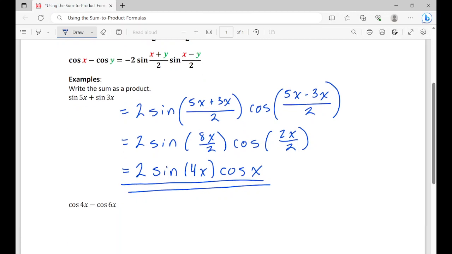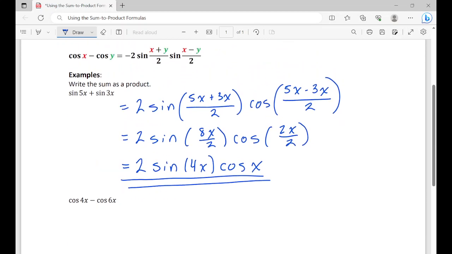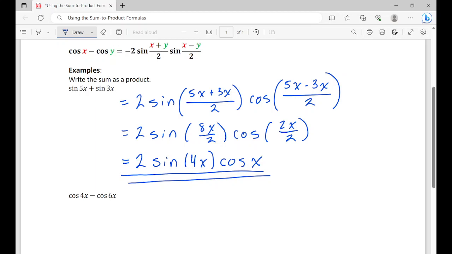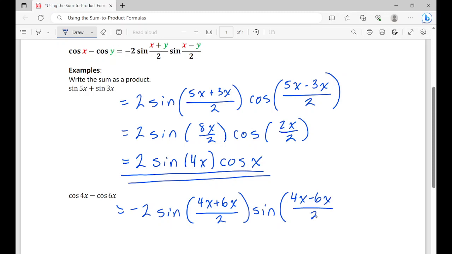So negative 2 sine of x plus y, so 4x plus 6x, all over 2, sine of x minus y, so 4x minus 6x, all over 2. And now I'm just going to simplify everything.